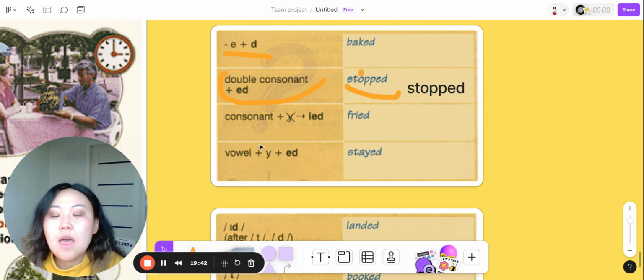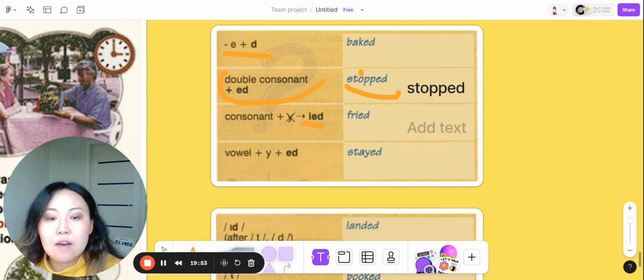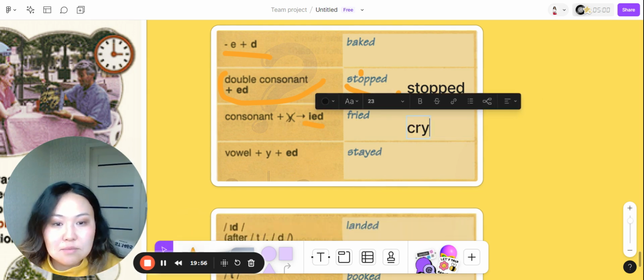Okay. Next one. When our verb finishes with consonant plus Y, it is the same as we did before. For example, we have the verb cry.